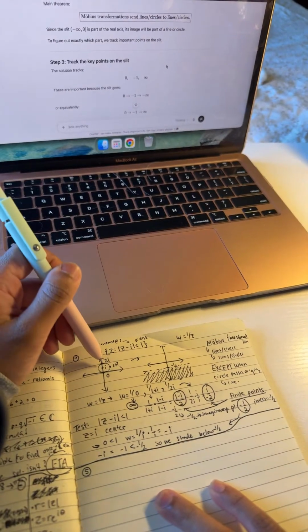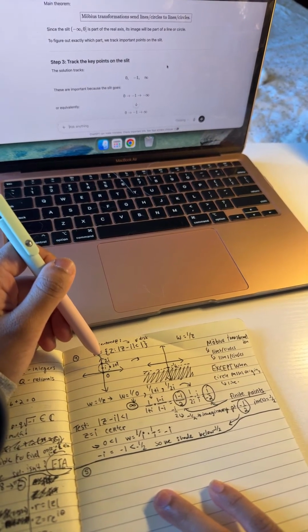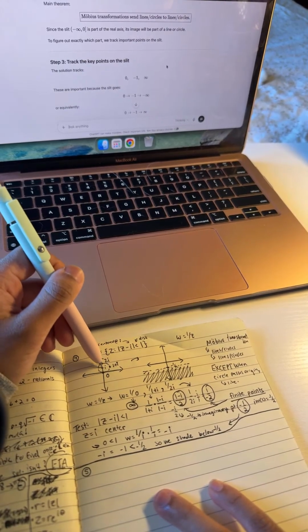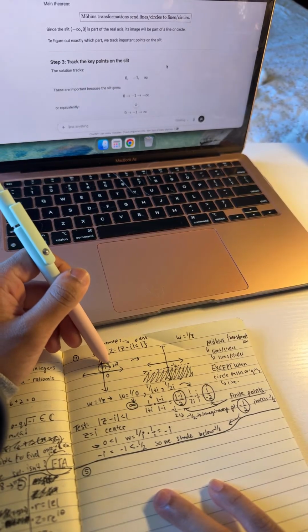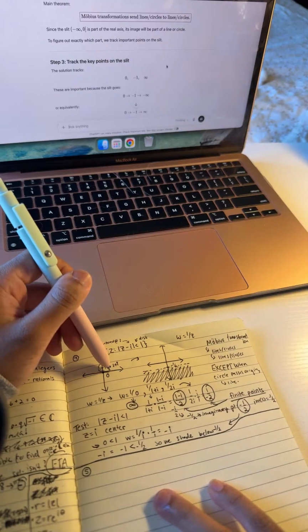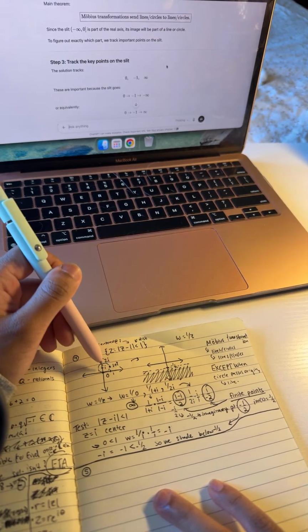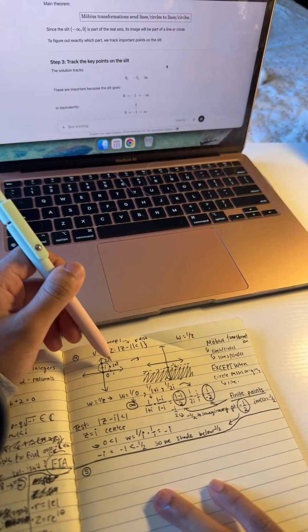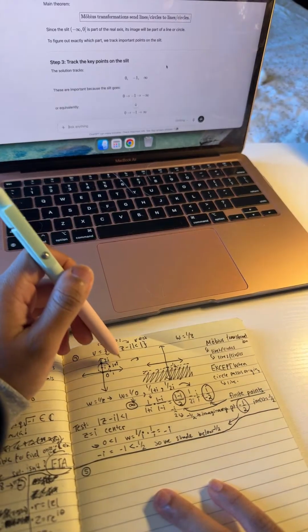We take our points. We know that the points are at 0, 1 plus i, right? Because it's centered at i, but the unit circle is 1 across, so this is at 1 for the real numbers, but for the imaginary numbers, it's at i. So the point would be at 1 plus i.